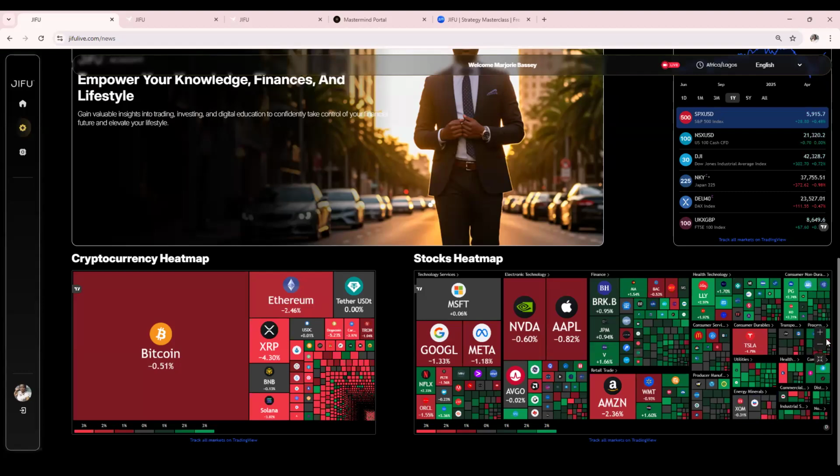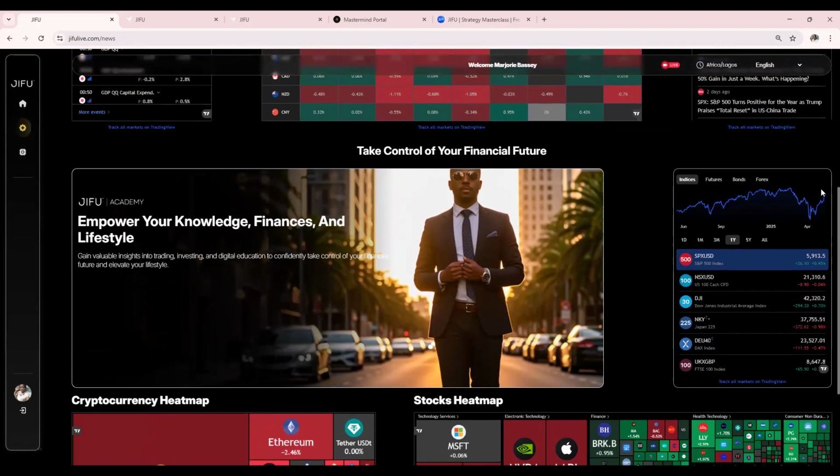So you also have stocks like Meta, Apple, Tesla, Netflix. At a glance, you can see that the stocks are actually performing well. If you want to track all these markets, on TradingView, you can click here and go out of JIFU. But everything has been put for you in one place.